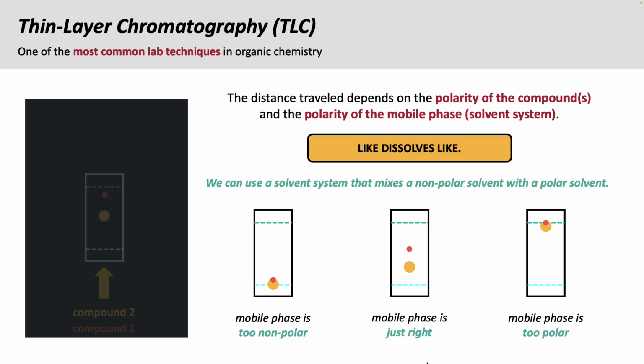Here we have this mobile phase just right. Our compounds are attracted just enough to the plate, our stationary phase, but also just enough to the mobile phase, our solvent system, such that we get this really nice separation. So there's a distinct affinity difference between compound 1 and compound 2.